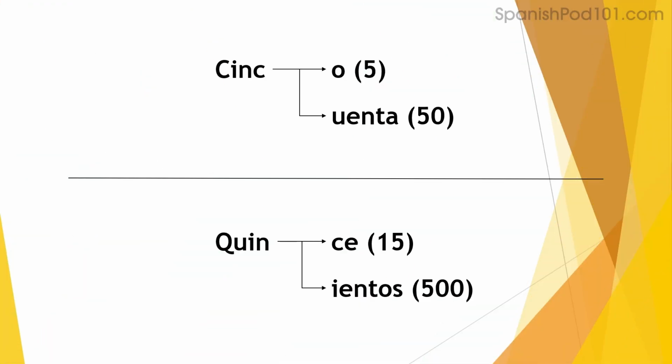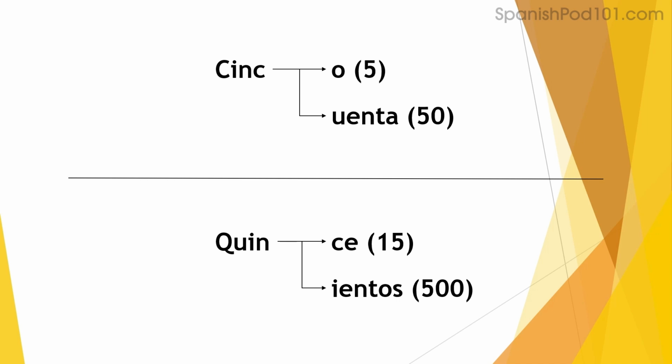Okay, continuamos. I want to give you a memory tip for the number 5, and the numbers related to 5. So we're talking about 5, 50, 15, and 500. I know we haven't seen the hundreds yet, but I thought I should include it here so you have everything in one place.